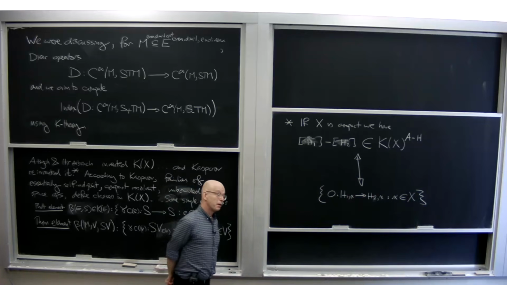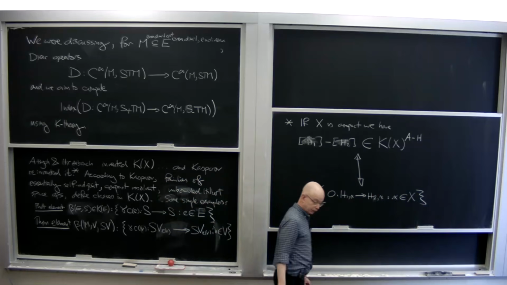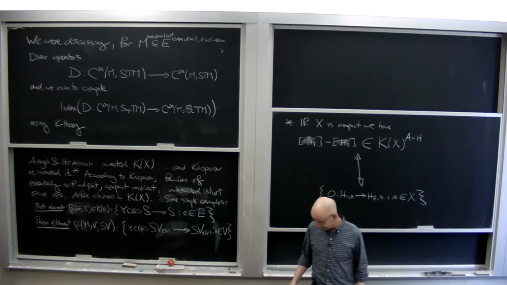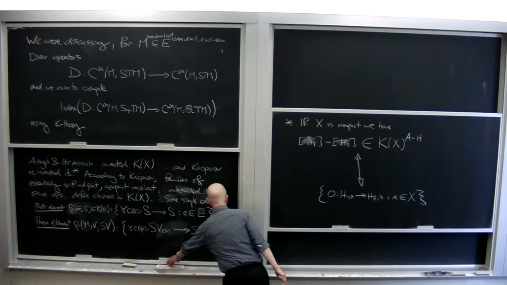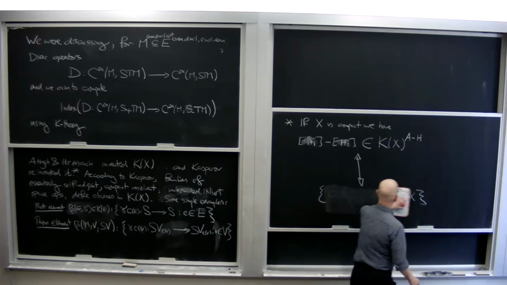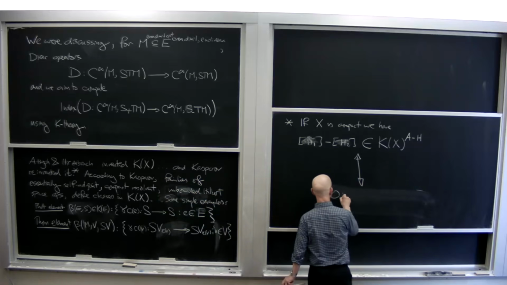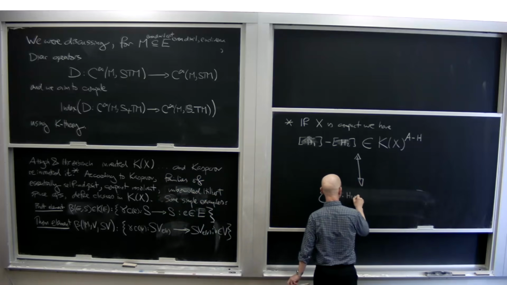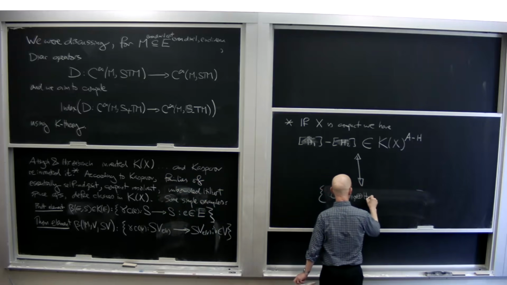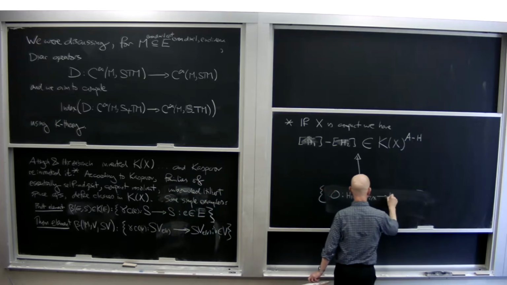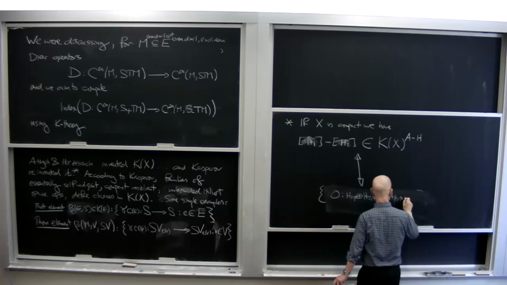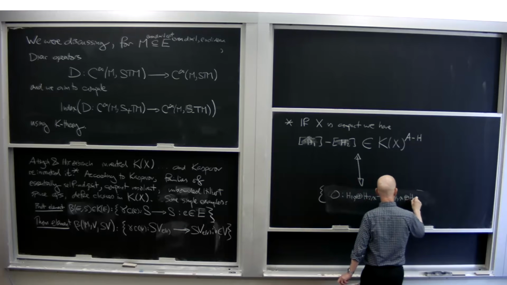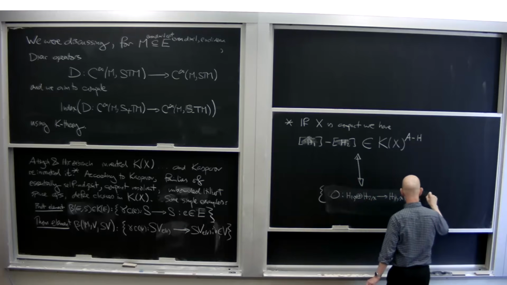Zero is not much of an operator. Oh, hang on, that's not quite right, because we want this self-adjoint thing. So let me fix that somewhere. Zero and one and two. Like that.